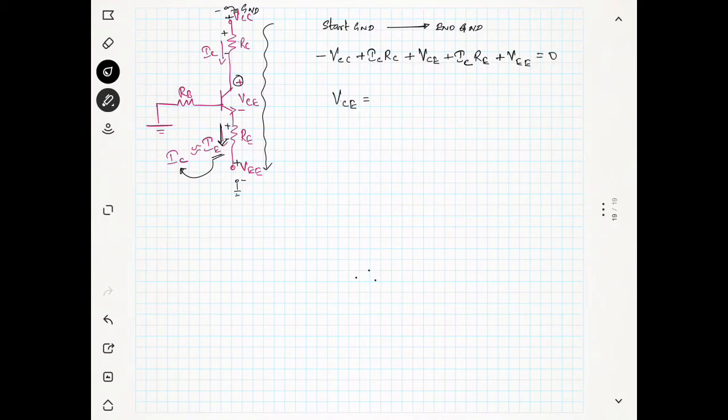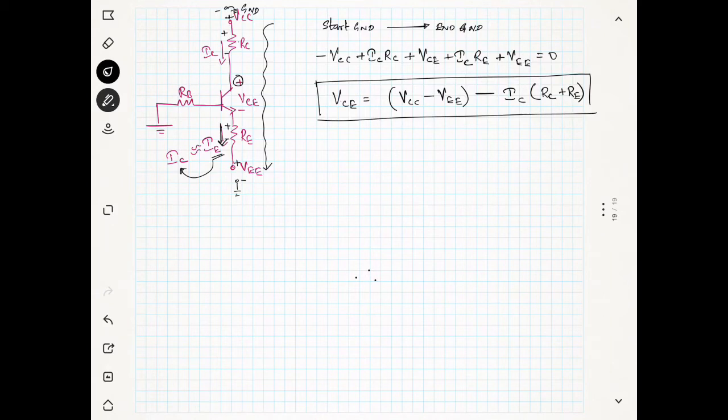VCE is equal to VCC minus VEE minus IC into (RC plus RE). So this is the formula for finding VCE.